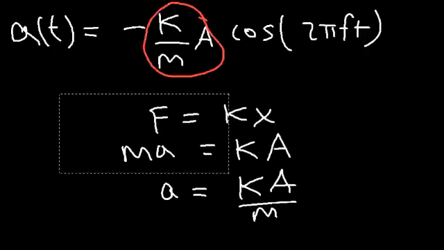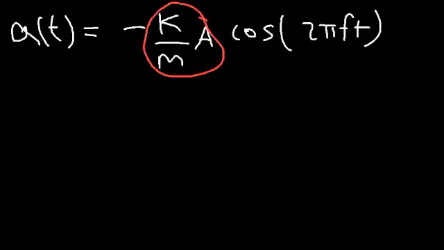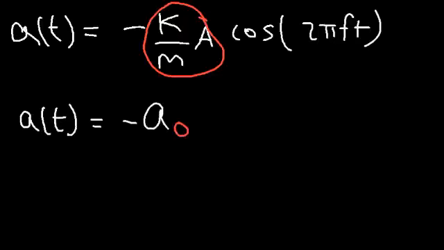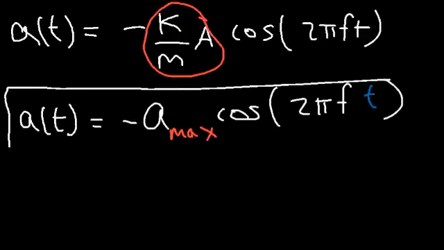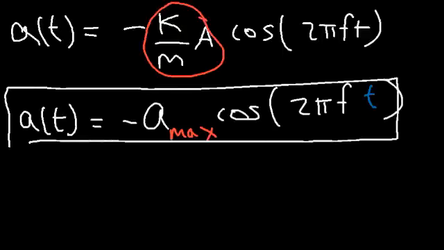So therefore, we could say that the acceleration function with respect to time is equal to the maximum acceleration, you can say a naught, or simply a max, times cosine 2 pi ft. So t is the variable, f is a constant, and the maximum acceleration is a constant. So here's the third equation that you need.